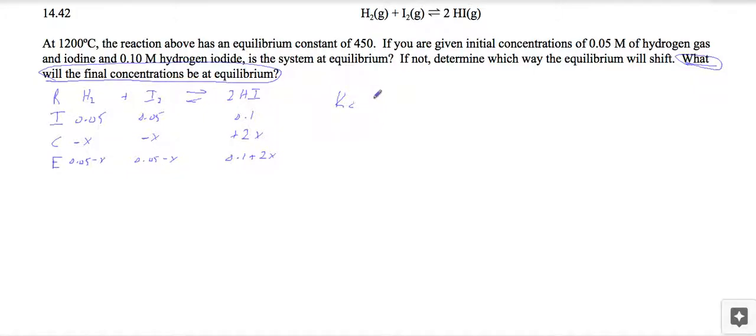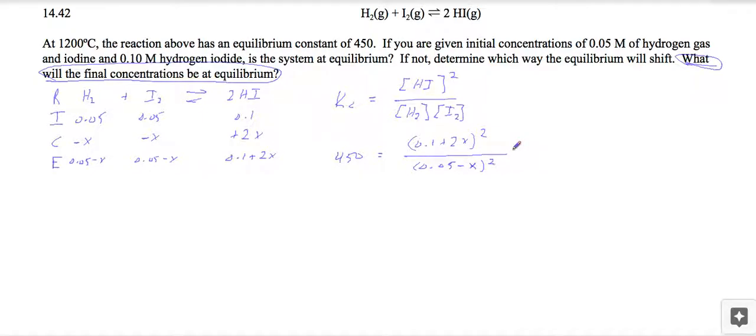Have Kc is equal to, we have our concentration of hydrogen iodide squared on the top, and then we have our hydrogen, we have our iodine, and we can plug our values in. We have 450 for the equilibrium constant. It's equal to 0.1 plus 2x, that's squared, over 0.05 minus x squared as well.